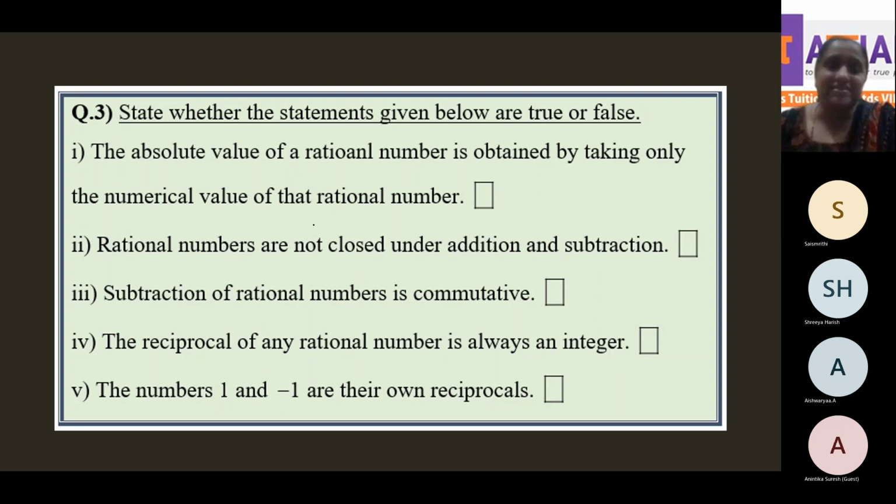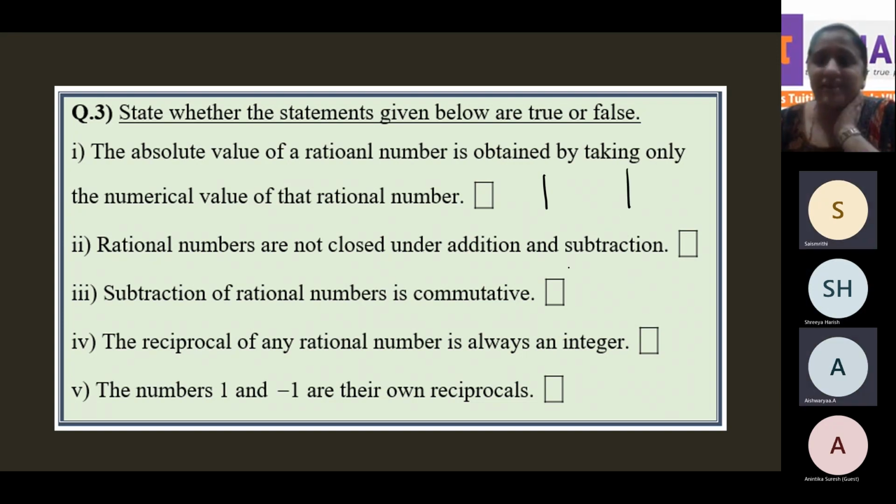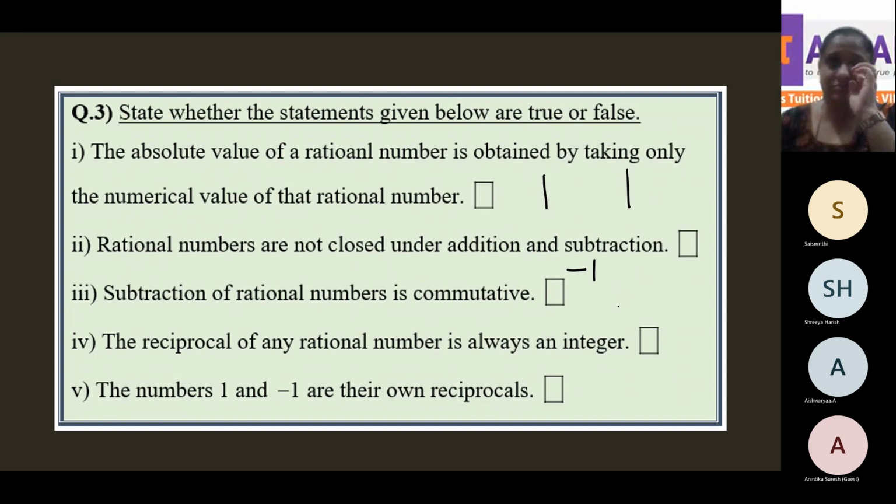If you're incorrect, you did not understand the statement, because otherwise you know the answer. The numbers 1 and minus 1 are their own reciprocals. What is the reciprocal of 1? 1. What is the reciprocal of minus 1?